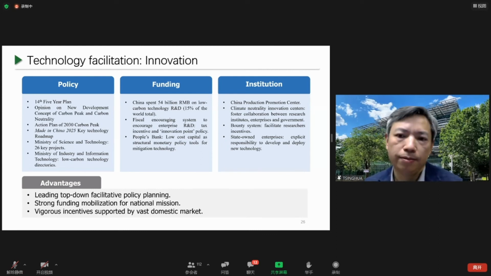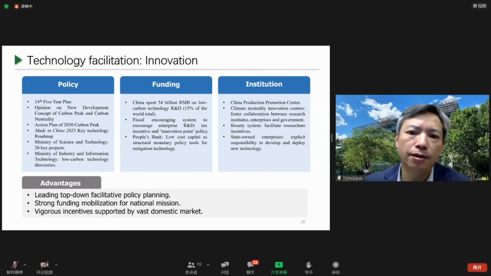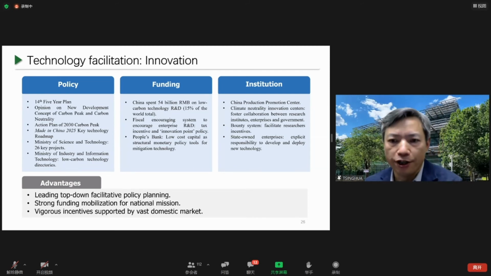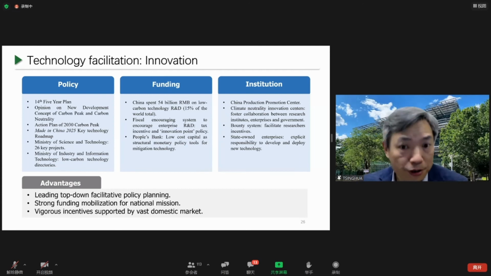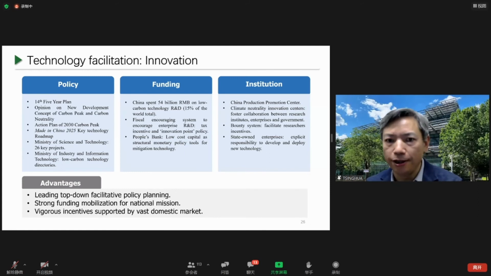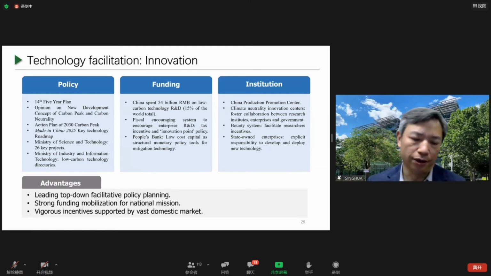of the world total. Besides that, there are physical and financial tools to incentivize enterprises on the pathway of low carbon innovation and mitigation projects. On the institutional side, a number of organizations have been established and dedicated to facilitating and promoting technology diffusion in China, for example, the Production Promotion Center, Energy Conservation Center, and the newly built Climate Neutrality Innovation Centers.